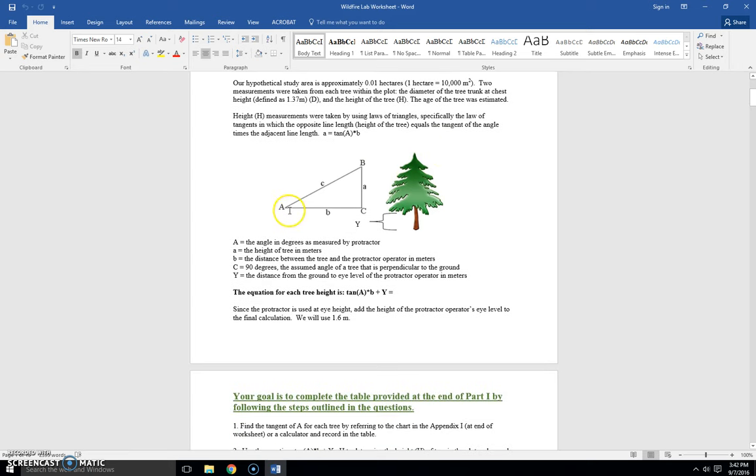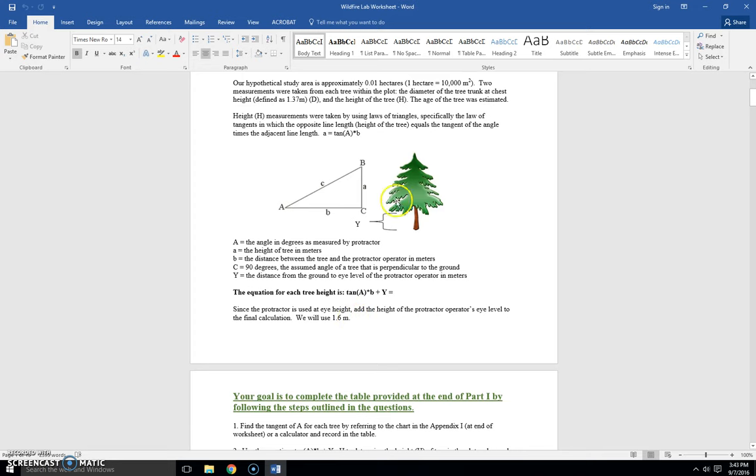And so this explains how to calculate the height of a tree given the angle and the eye height of the person measuring the tree. That's the y variable. And for y, we're going to use 1.6 meters as our eye height. You might be taller or shorter, but I'm just using 1.6 meters as eye height.